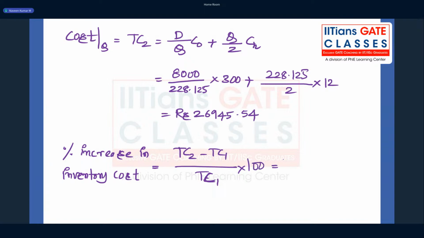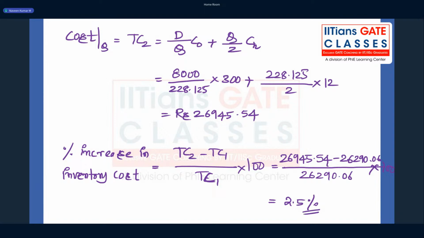We do this, that is 26945.54 minus 26290.06. That is what is calculation intensive. You should not make any mistake. Any mistake in calculations, whatever concept you know, will go in vain. Into 100, you get approximately 2.5%.